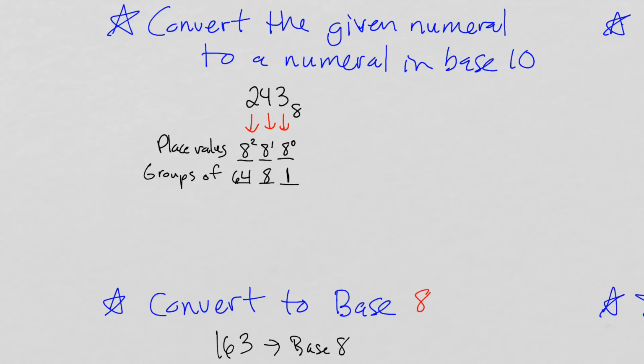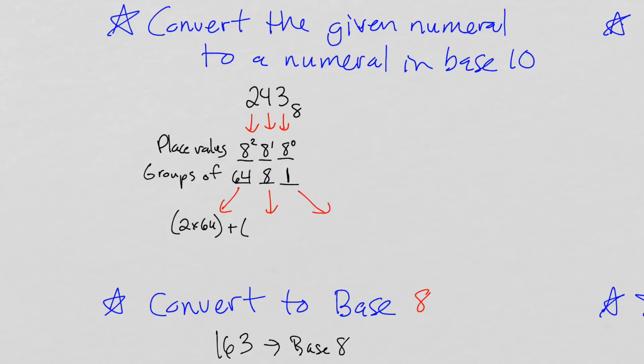So when we want to convert a numeral to base 10, we go ahead and take these place values and separate them out here. The third place value are groups of 64. So in our digit, we have a 2. That is 2 groups of 64.